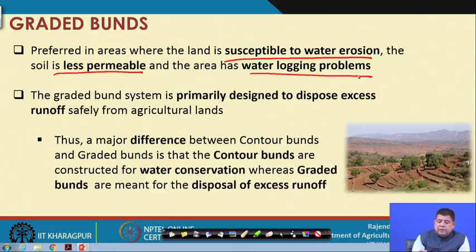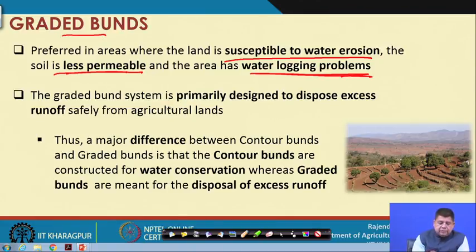Of course, we go for any erosion control measure where land is susceptible to water erosion, be it contour or graded bund, but here the qualifying statements are that soil is less permeable, that means infiltration capacity is very low, and the area has a water logging problem, that is, water gets stored because infiltration capacity is low. So wherever these conditions are there, we adopt graded bunds.